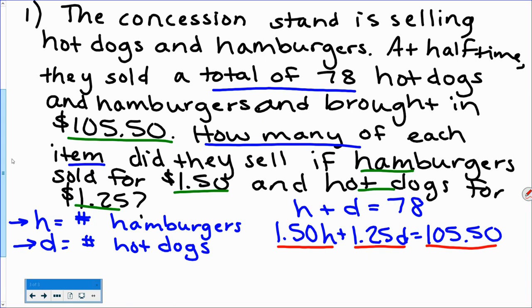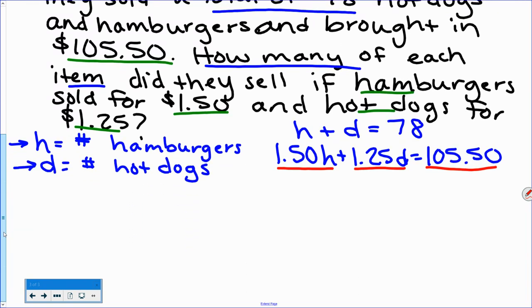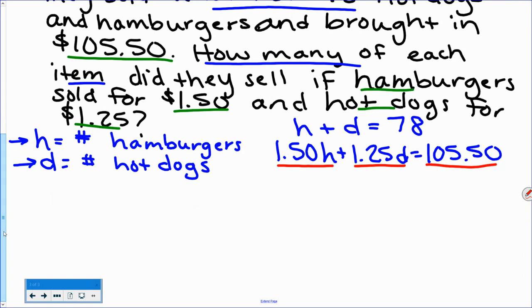All right, so once I have my 2 equations with my 2 variables set up, now I'm choosing either elimination or substitution to solve. All right, so it's up to you when you set up these problems what you want to use. Both would probably be equally easy or difficult, whatever your opinion is on that. So I could, if I did elimination, I'd have to multiply the top equation by some decimals.